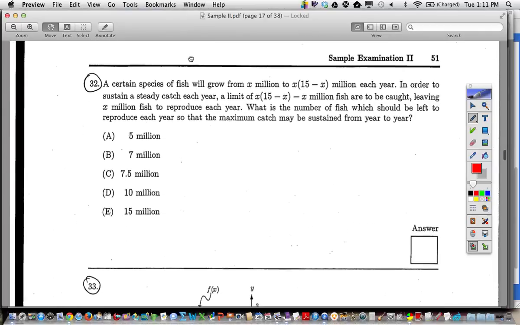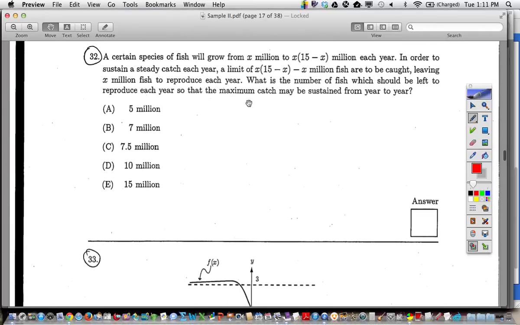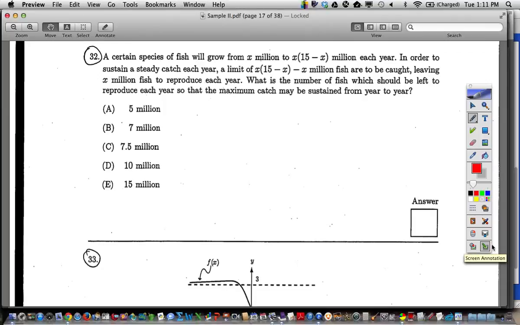Oh yeah, this one is a little tricky. What do you mean by guess and check? Just plugging in the different answers, which is okay on multiple choice. I mean, sometimes you can get away with that.